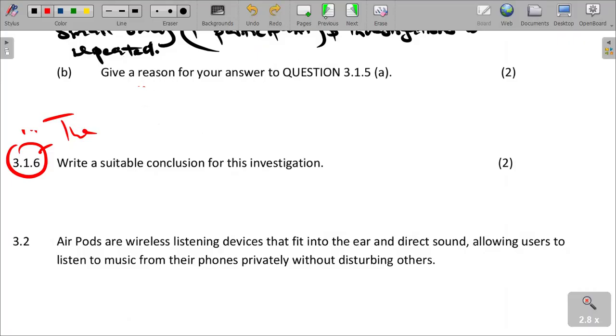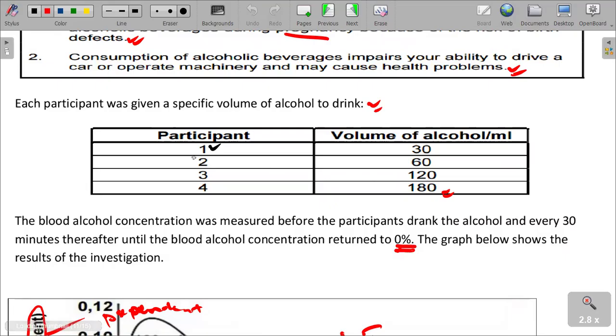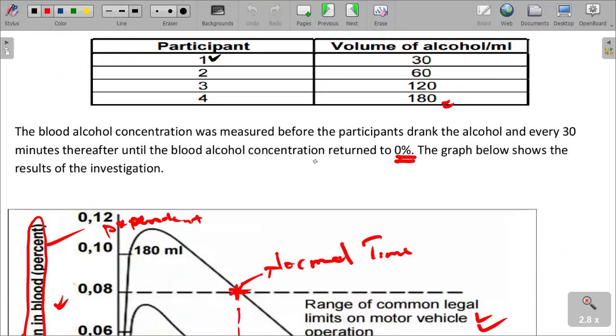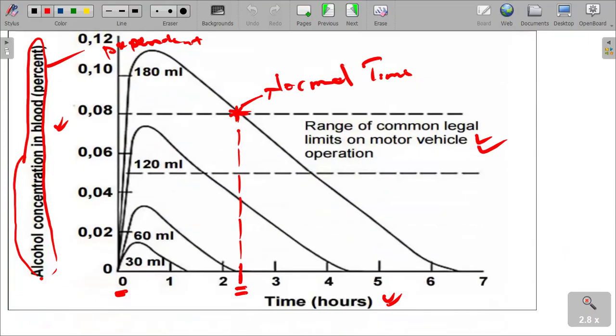If you check on the table here, if you look at the volume of alcohol, the more the volume, the more the alcohol drunk, the more time it takes for the person to get back to normal. We are saying 60 mils, it just goes back, 120 mils, and 180 mils. The more the alcohol is drunk, the more time it takes to go back to normal.